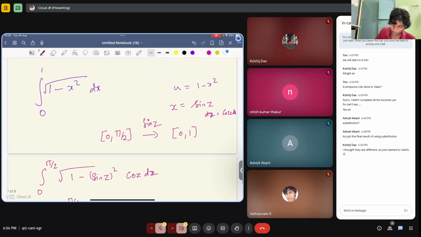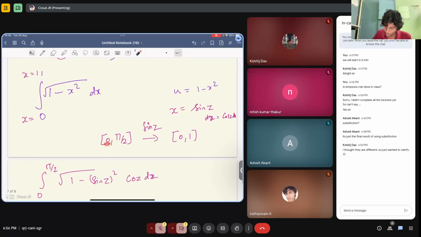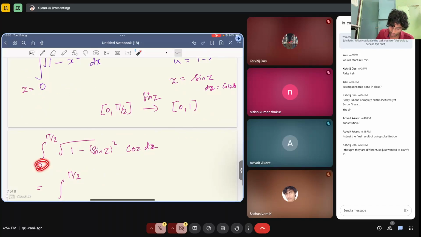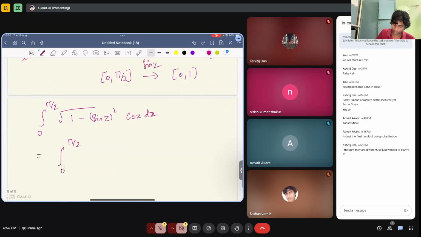Why? Because you're integrating from x equal to 0 to x equal to 1. So when x is 0, your z is also 0, and when x is 1, your z is pi by 2. So now you have to change here. Instead of integrating from 0 to 1, you are integrating from 0 to pi by 2.